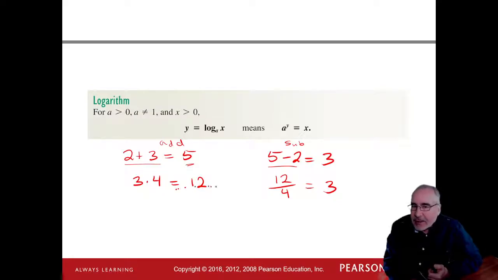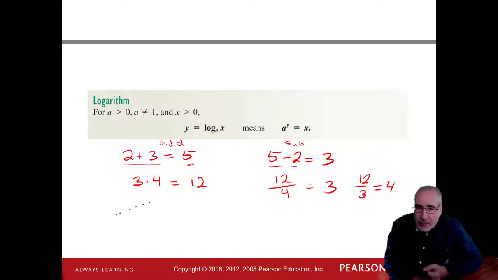So when we've got this fact, 3 times 4 is 12, it always is. We also know that 12 divided by 4 is 3. We also know that 12 divided by 3 is 4, because they're commutative. At least multiplication and addition are commutative, so we could do it.